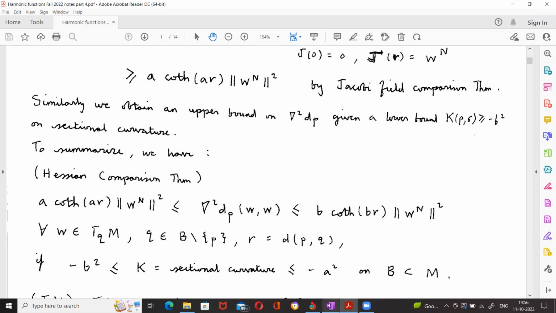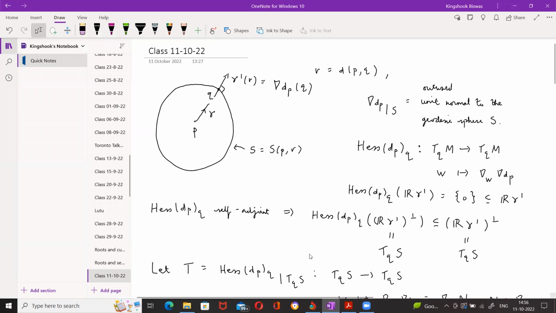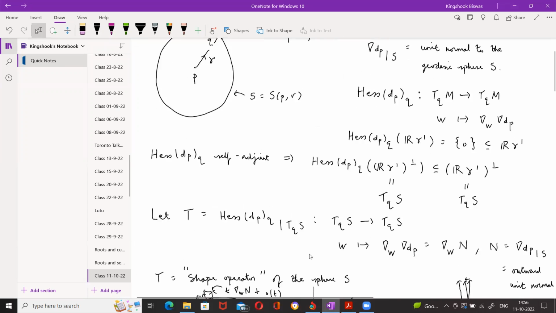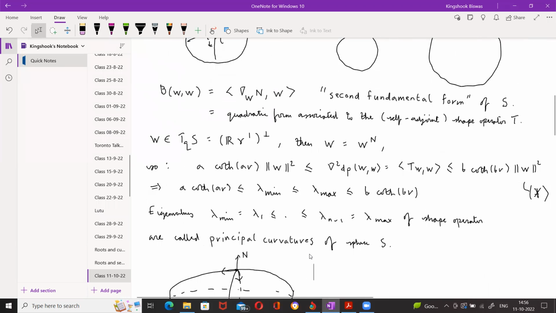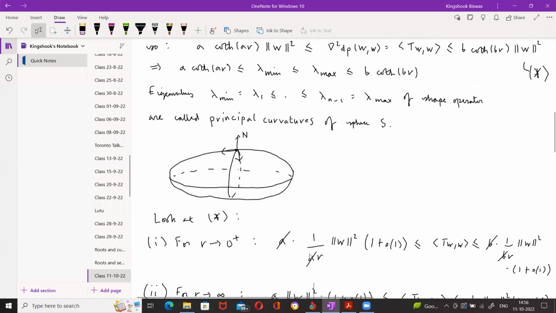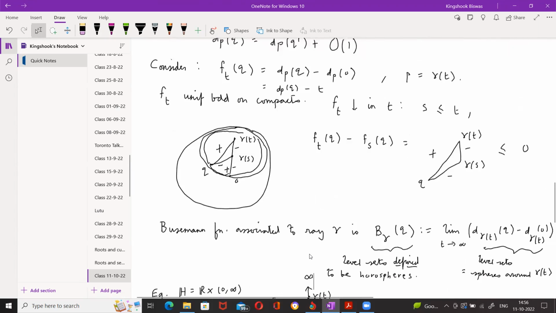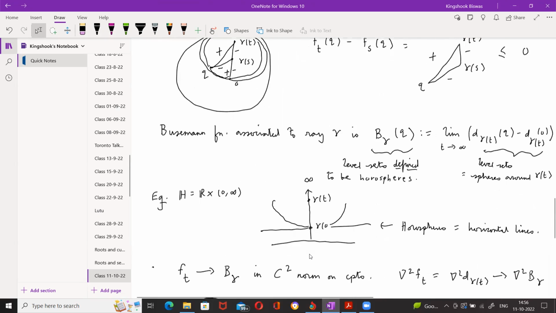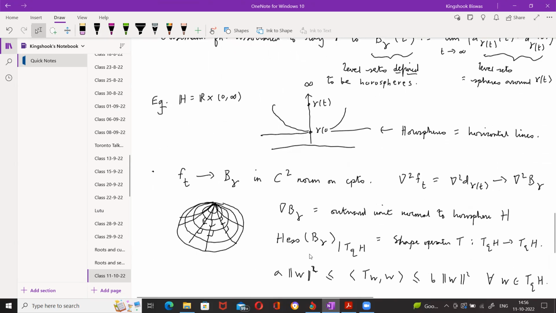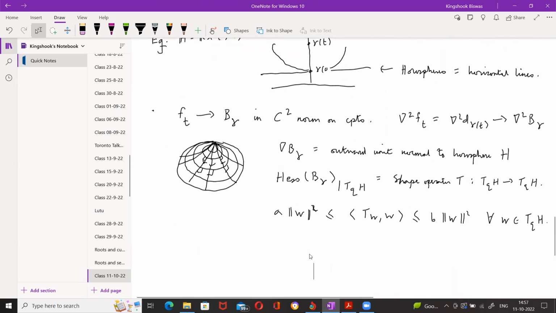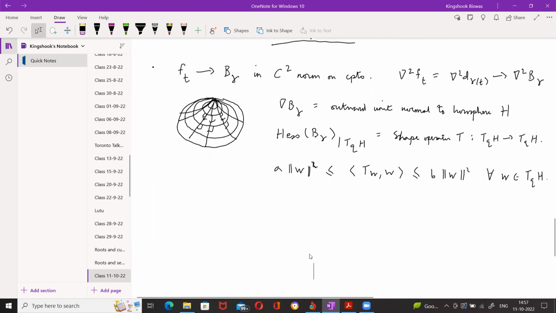Okay, so fine. Look, another way of understanding curvature of a submanifold is how far it deviates from being geodesic. Well, let's look at the example of spheres.